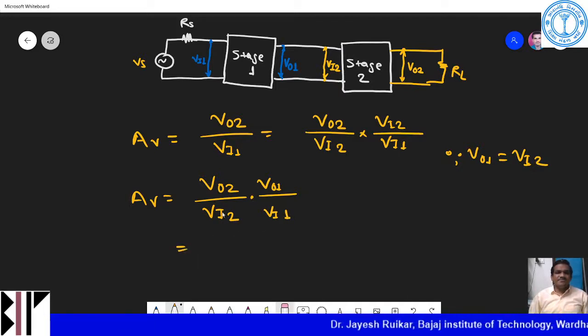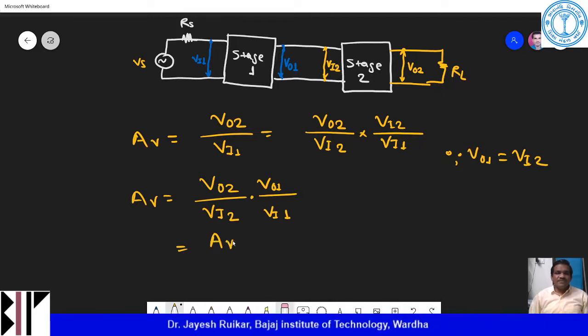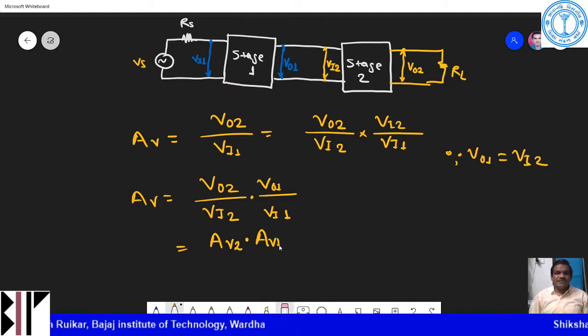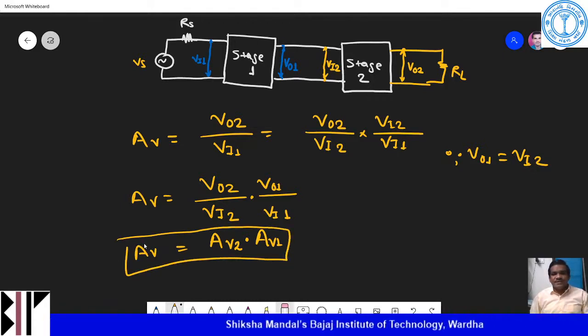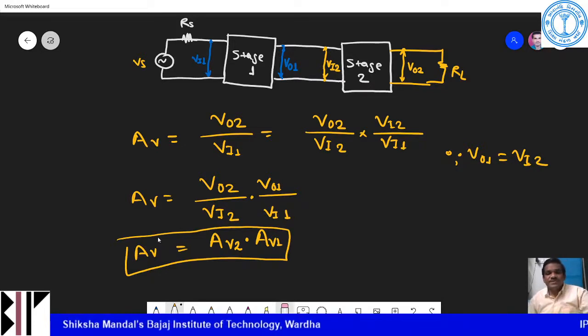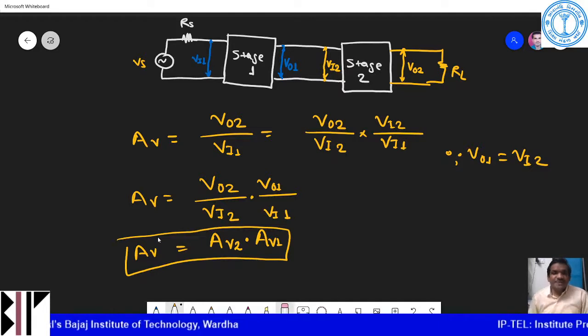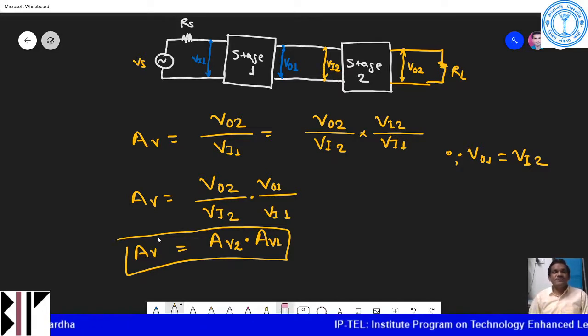VO2 divided by Vi2 is nothing but the voltage gain of the second stage, multiplied by the voltage gain of the first stage. So AV is nothing but AV2 multiplied by AV1. You can say that the voltage gain of a multi-stage amplifier is the product of the voltage gains of the individual stages.